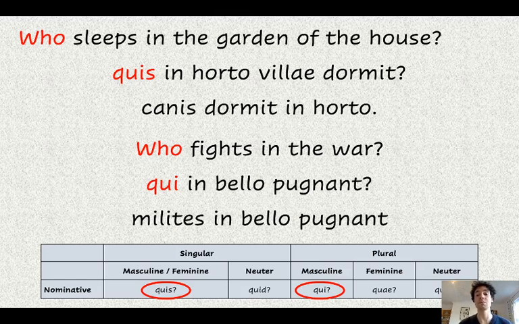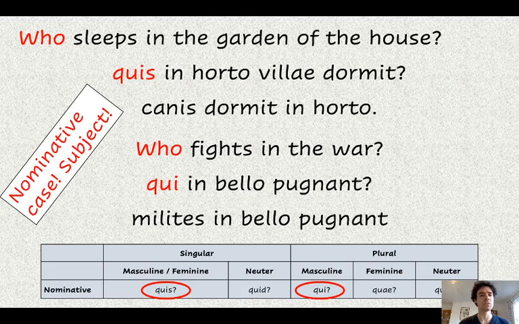So who fights in the war? I assume that there is more than one person fighting in the war. So the soldiers are fighting in the war. Qui in bello pugnant. So I need to be careful with singular and plural.